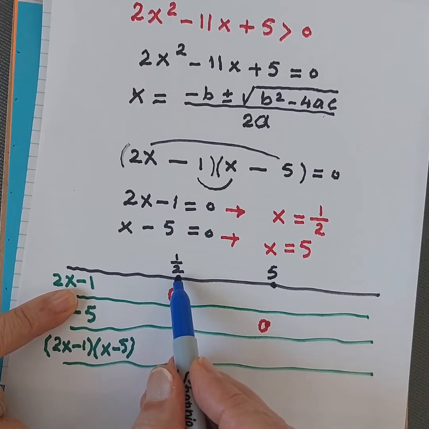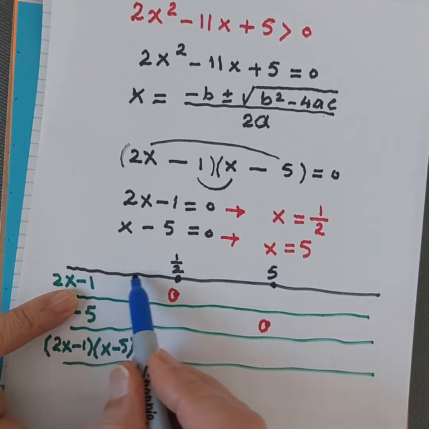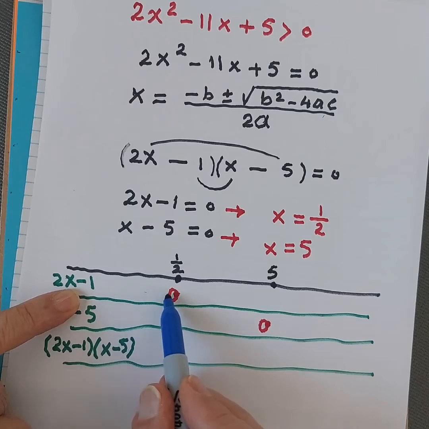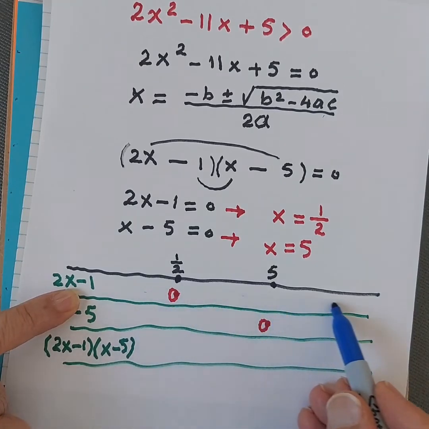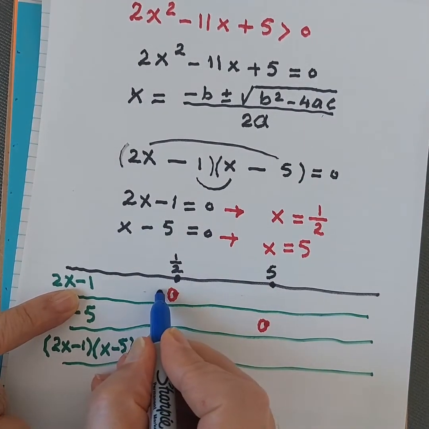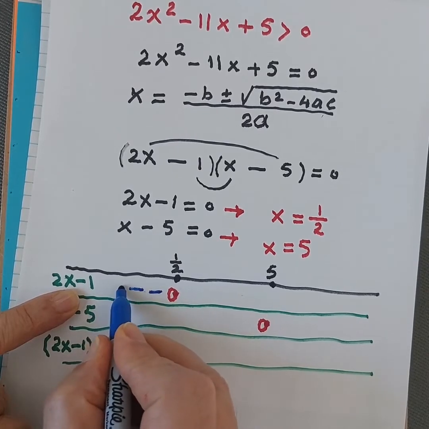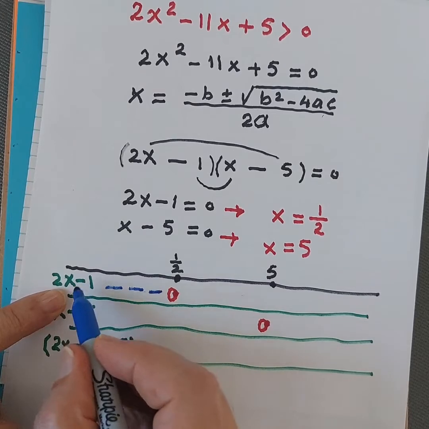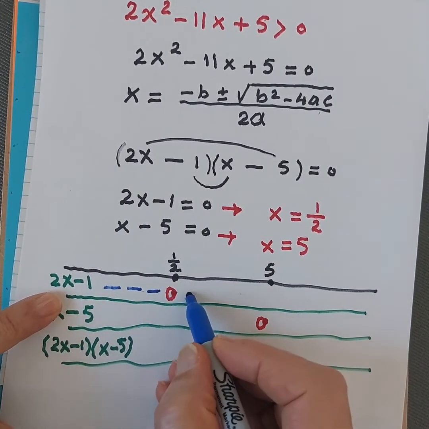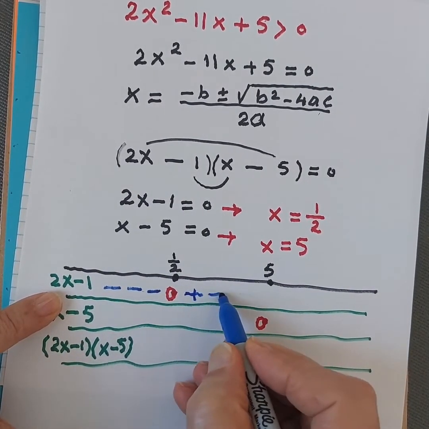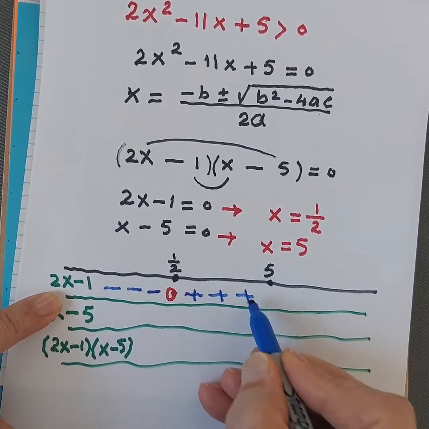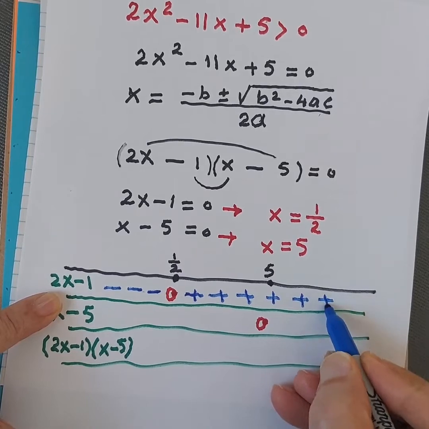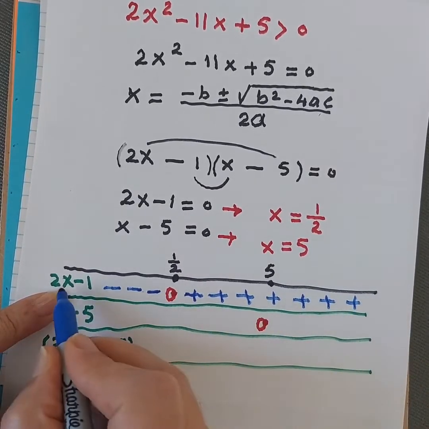So it divided the real number line into two intervals, this interval and this interval. At this interval, it will be negative. And after the 0, it will be positive, all the way to infinity. Because it's just two intervals we have from this factor.